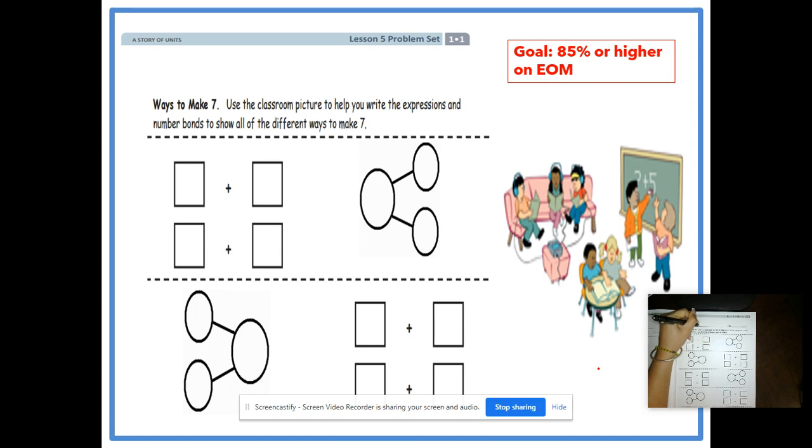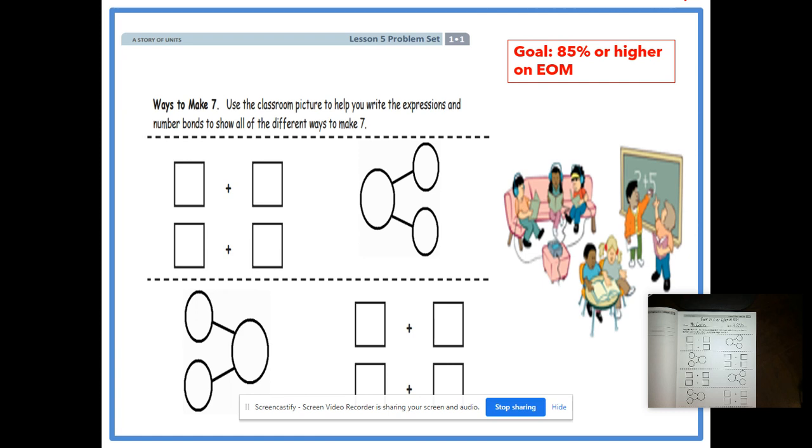I'm going to write my name, today's date, and my goal at the top of my paper. 85% or higher on end of module. And your goal is also found right here just in case you need it. So make sure you write your heading at this moment. If you need more time, press pause on the video and press play whenever you're ready to move on.